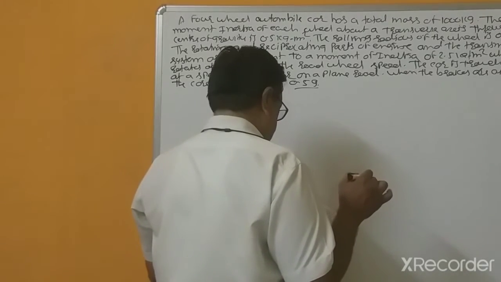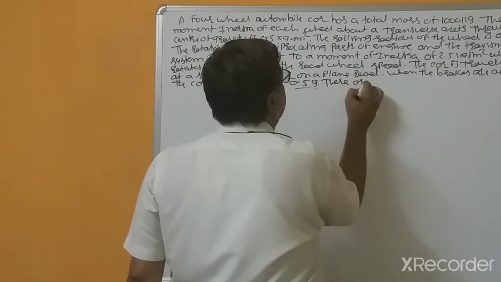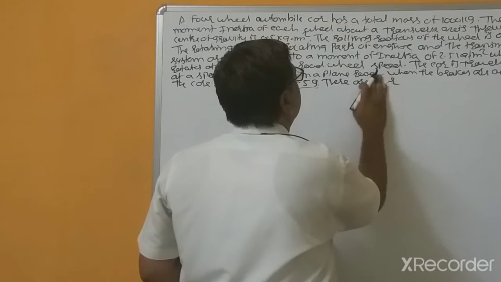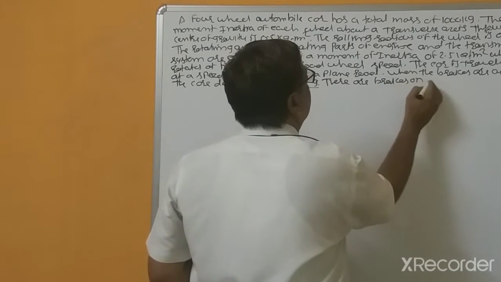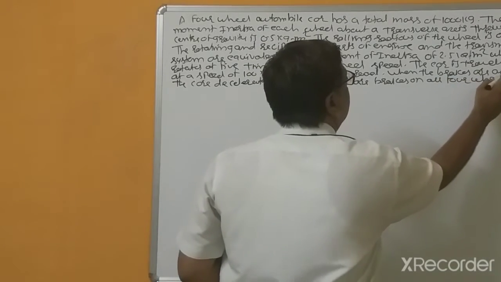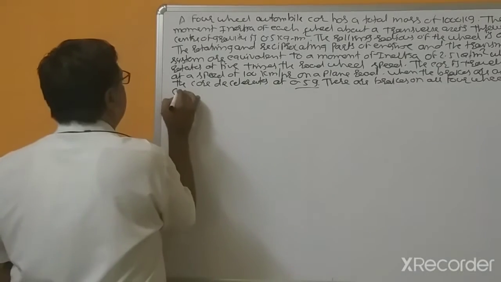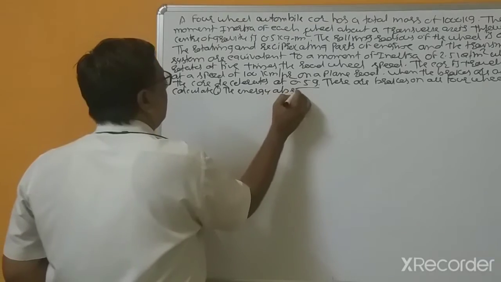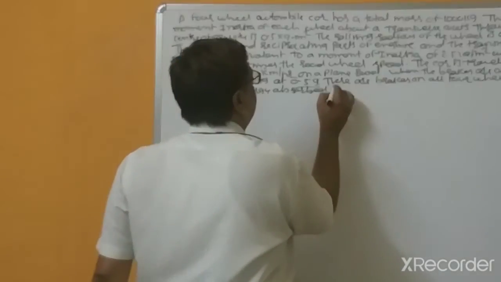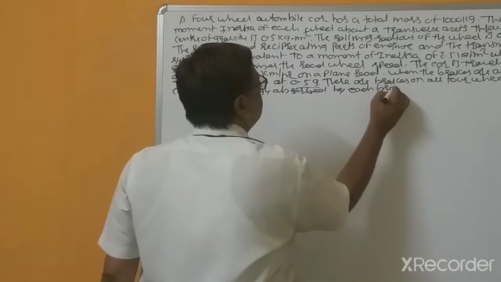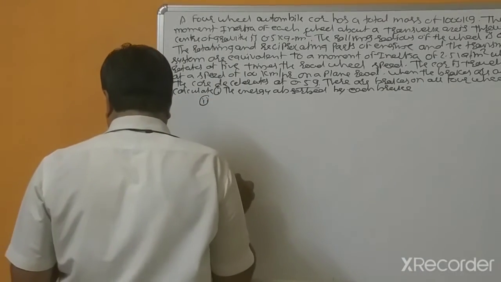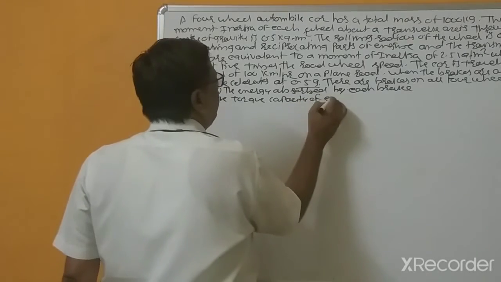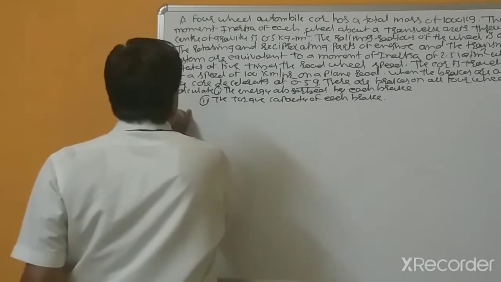There are 4 brakes on all 4 wheels. Calculate first the energy absorbed by each brake, and second the torque capacity of each brake.